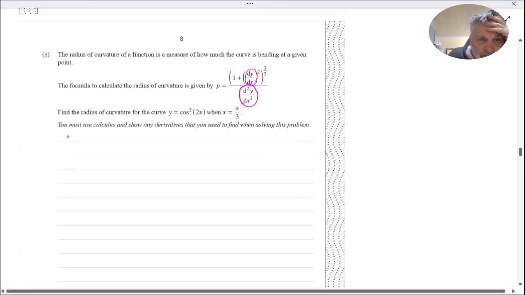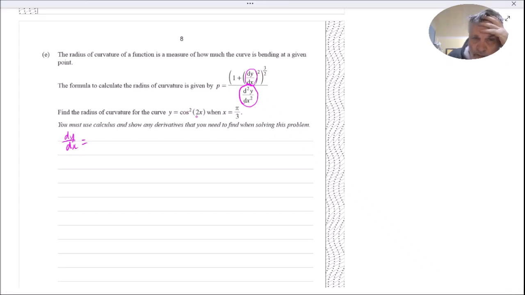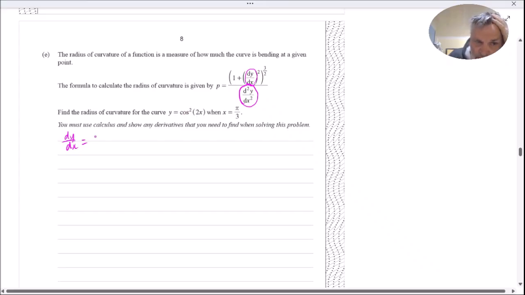So dy by dx is a squared of a trig function, and then there's a function inside, so it becomes 2 cosine 2x to the power of 1, and then multiplied by the derivative of what's inside, so multiplied by 2, that's 4 cosine 2x. That's the first derivative.